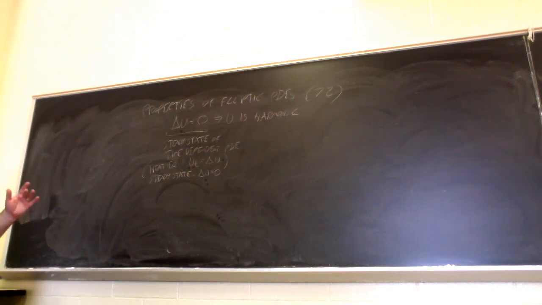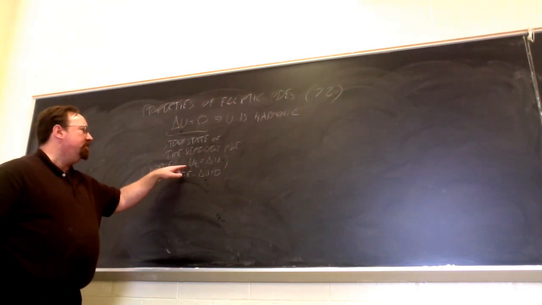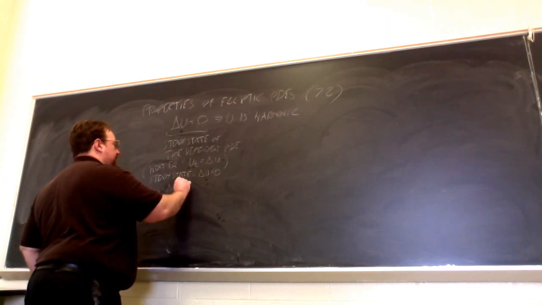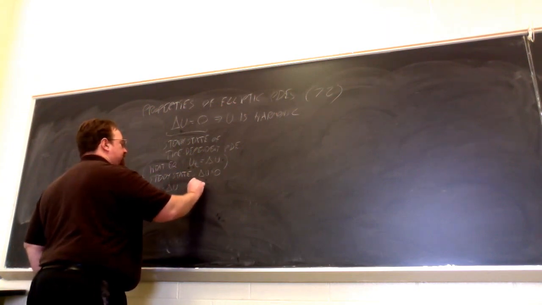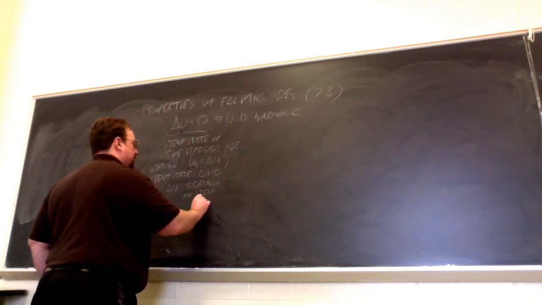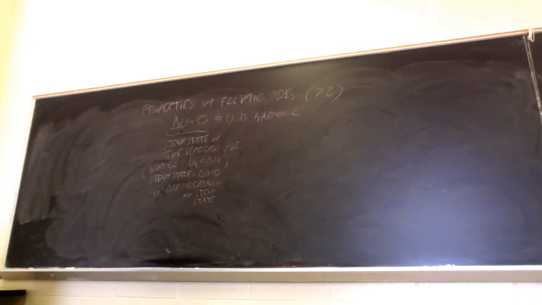So it's conceivable to have a steady state solution for wave equations in general, but for this simple form of wave equation, u tt equals the Laplacian of u, there is in general no steady state solution. That's because of how waves propagate, they just keep on going.